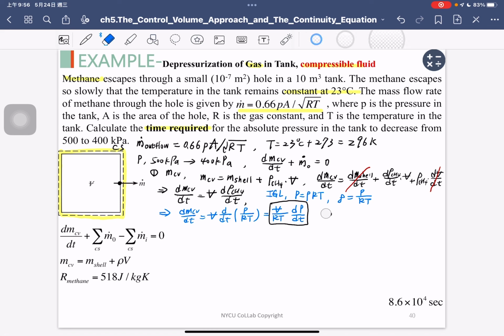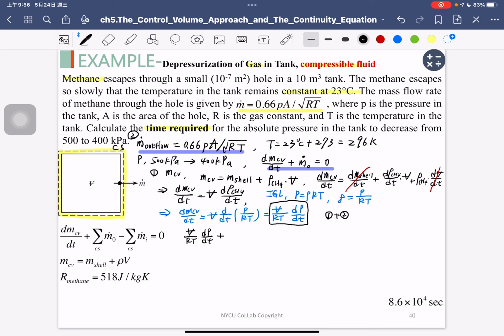This is our second condition. We have the m_out, so this is the m_out rate here. So we can combine equation 1 and equation 2, and based on the continuity equation showing here, you can write the equation as V divided by R times dP/dt plus the n rate out.